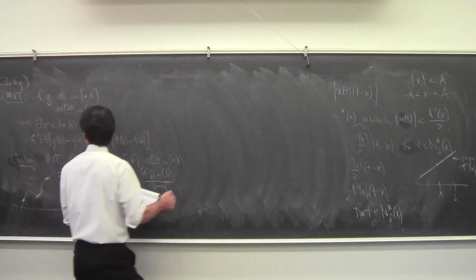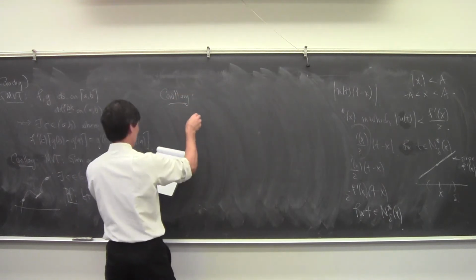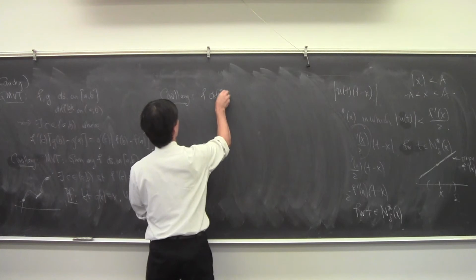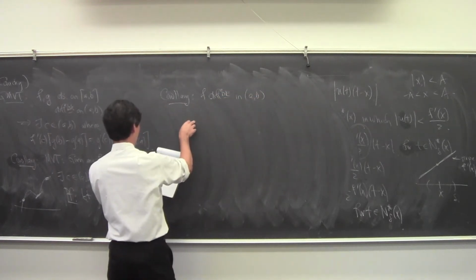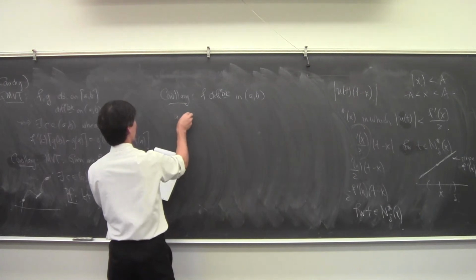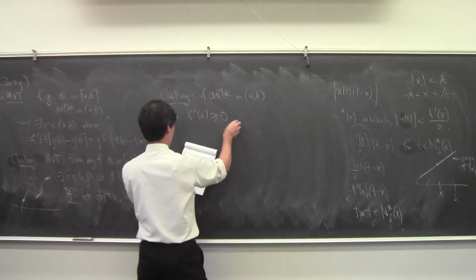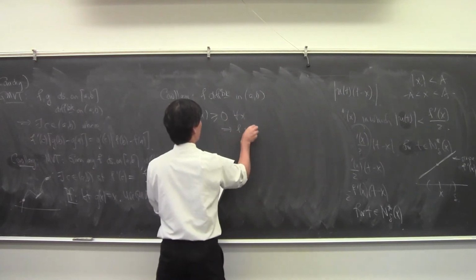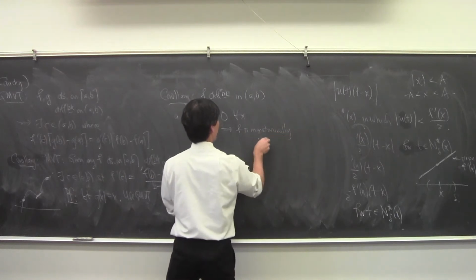Okay. And the mean value theorem has corollaries. If f is differentiable in (a,b), if f' is greater than or equal to 0 for all x, then f is monotonically increasing.